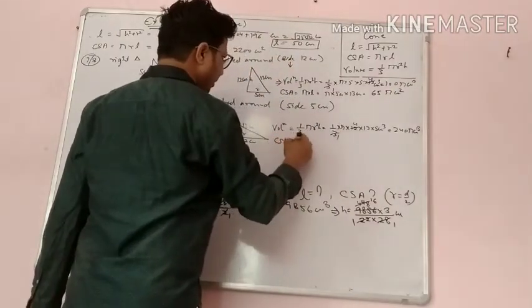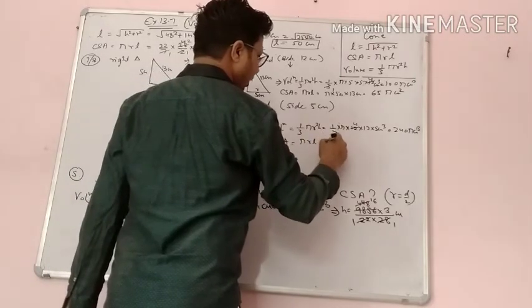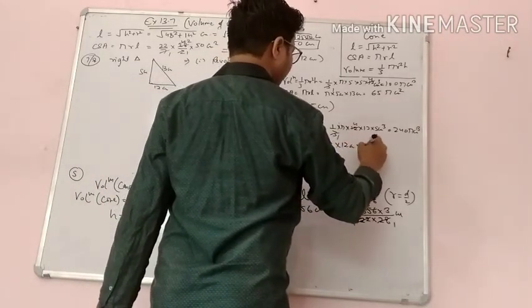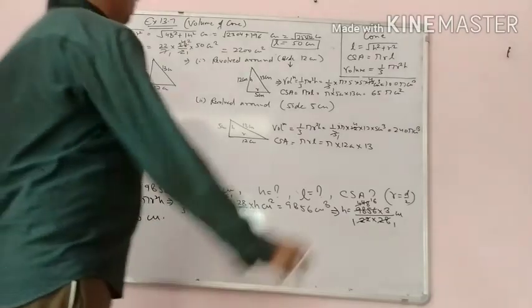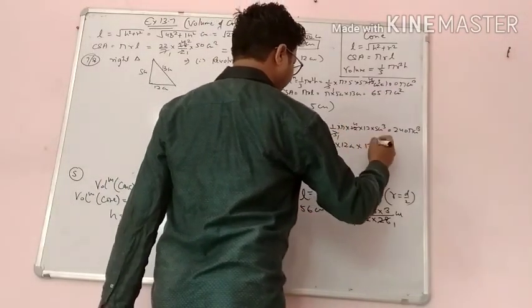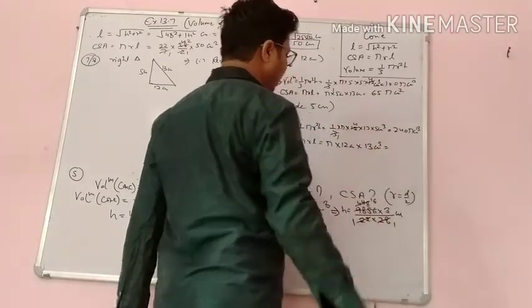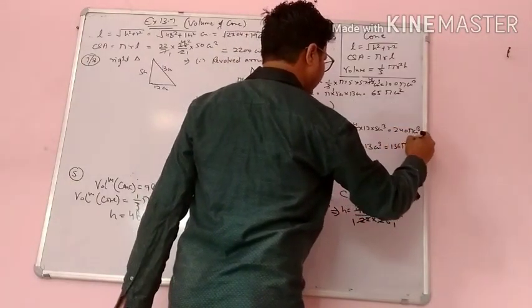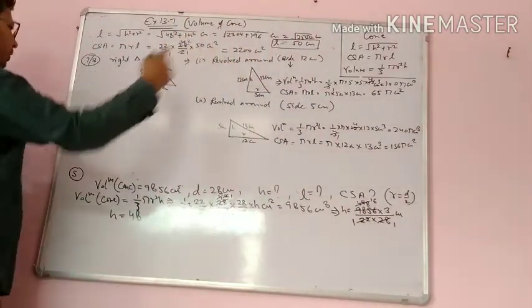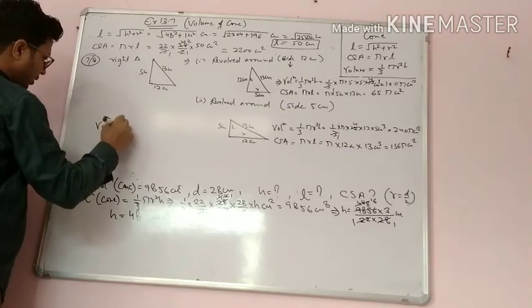And in that case CSA will be pi RL, pi into 12 into 13, where R is 12 centimeter and L is 13 centimeter. 12 into 13, if you multiply them, is 156 pi centimeter square.